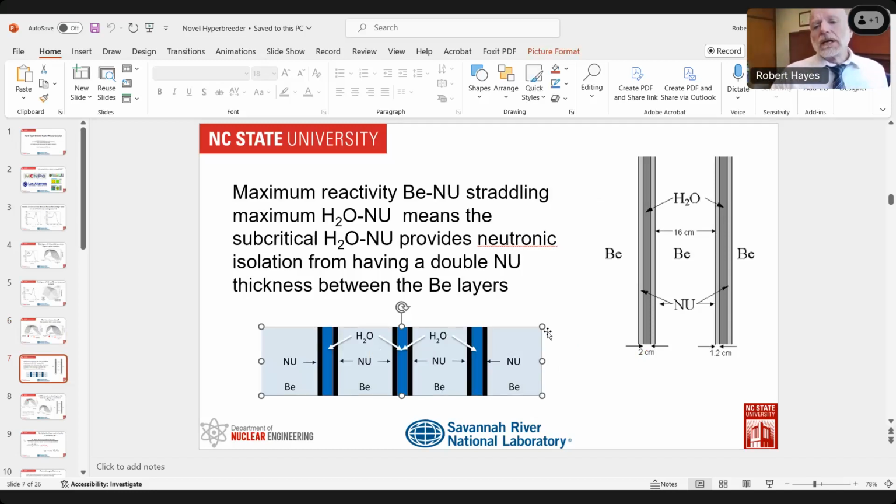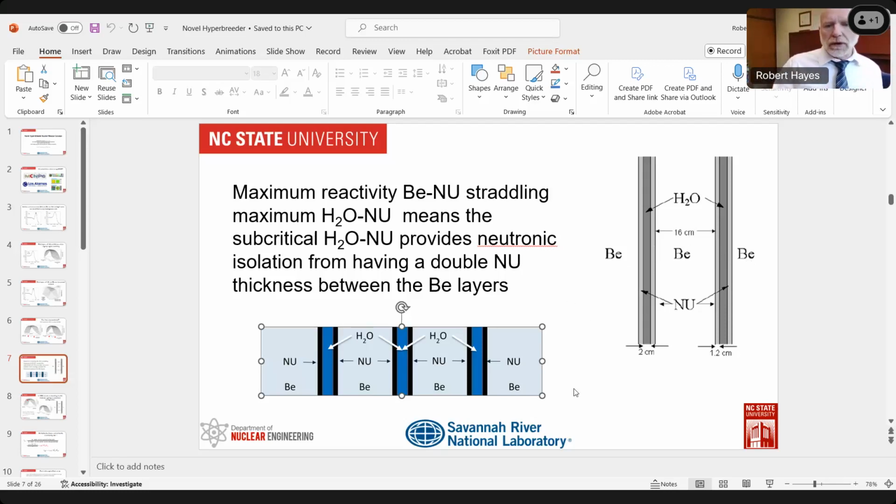In other words, if you look over here to the right, if I combine those layers, so I go beryllium, natural uranium, light water, natural uranium, beryllium, natural uranium, light water, natural uranium, beryllium, and just keep repeating that, I'm now separating the natural uranium layer between an optimal thickness of water and an optimal thickness of beryllium on each side. I just alternate as you go through.